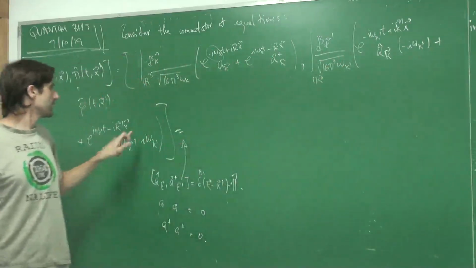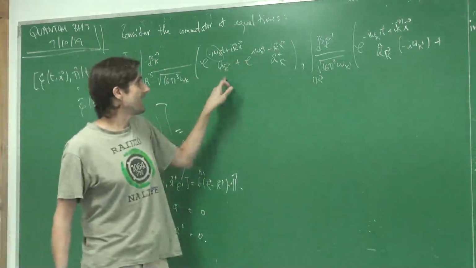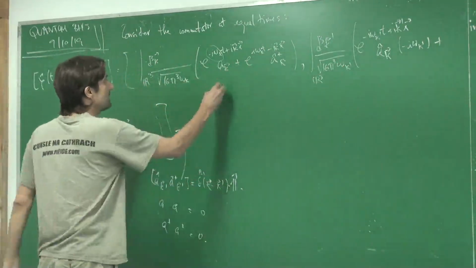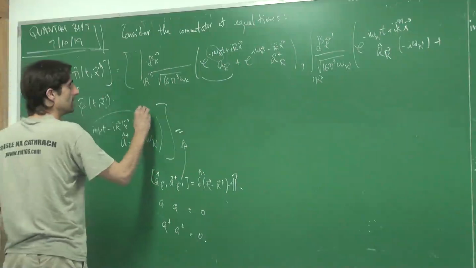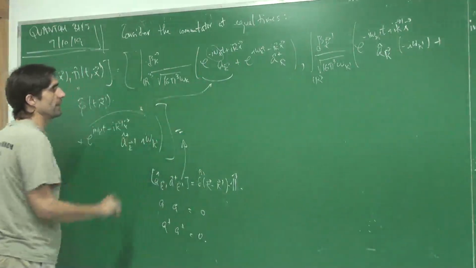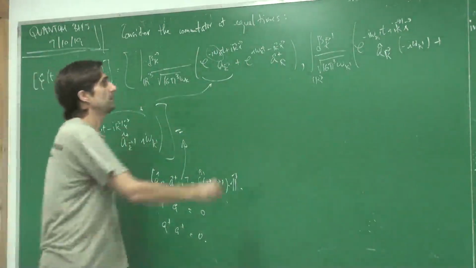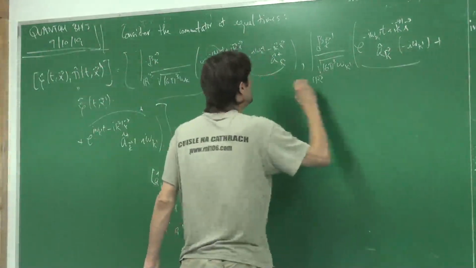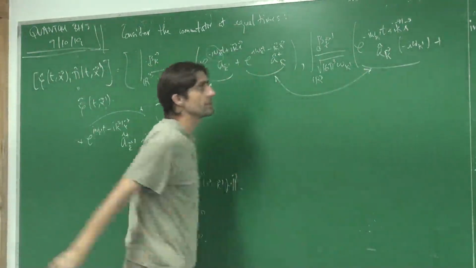Between A dagger and A dagger will be 0. Between A and A dagger, it won't give you 0. So we have to put together these two. And between A dagger and A, that will not give you 0 either.